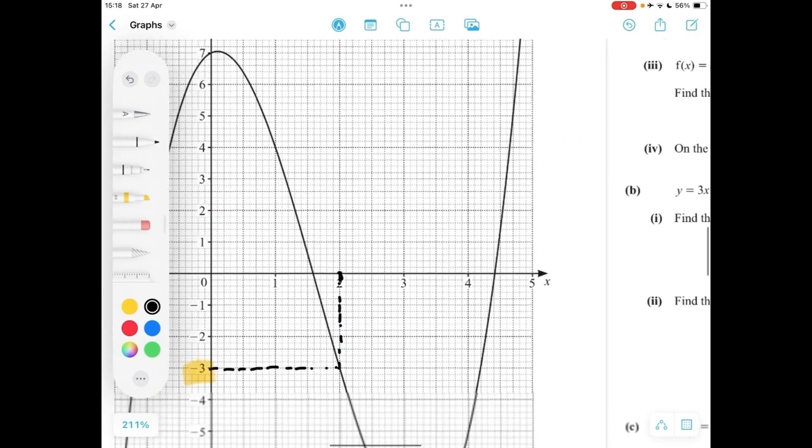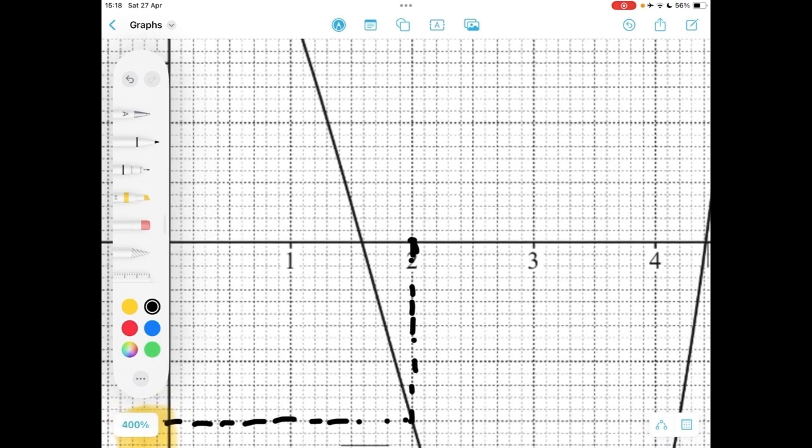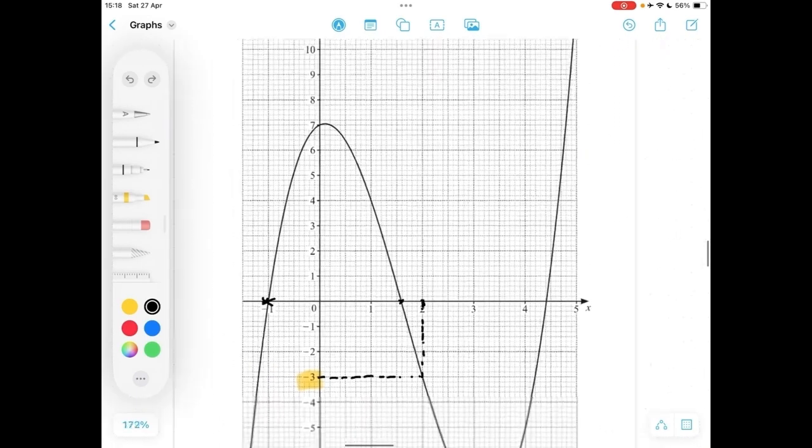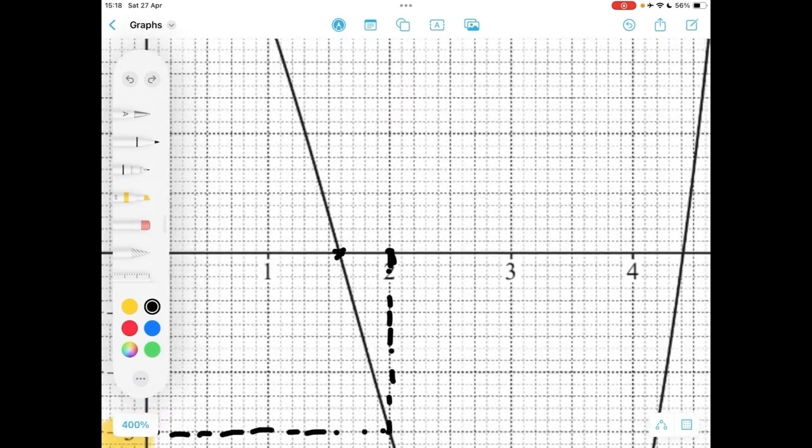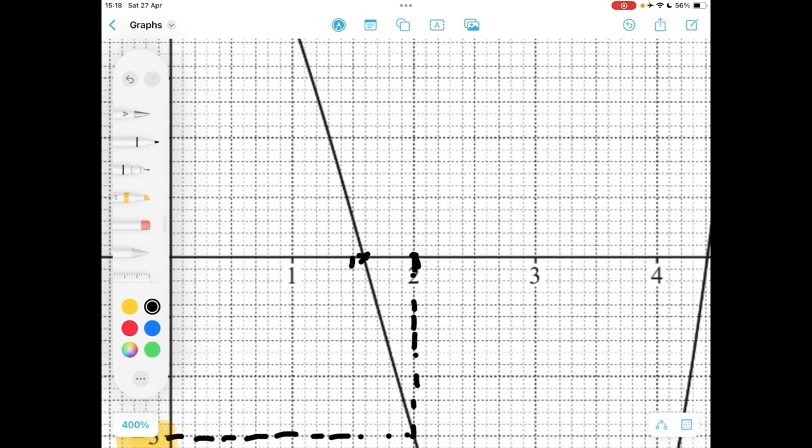And then another one is here. Reading off the scale, it's 10 units across, and that's equal to an increase of 1 in x. So 5 units is therefore 1.5 here.